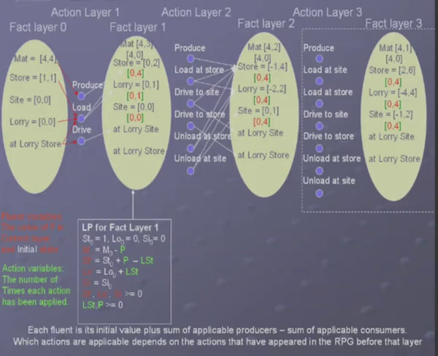So because produce decreases the material by 1, then what the material is after is what the material was before minus the produce actions. What's at the store is what was at the store at the start, plus the number of produce actions, because that increases what's at the store, minus the number of load at the store actions, because if we load it onto the lorry, we've got fewer things. And this just carries on for all the variables that we've got here.